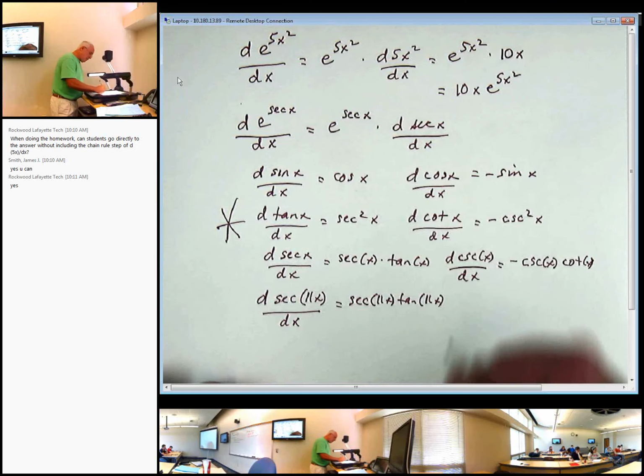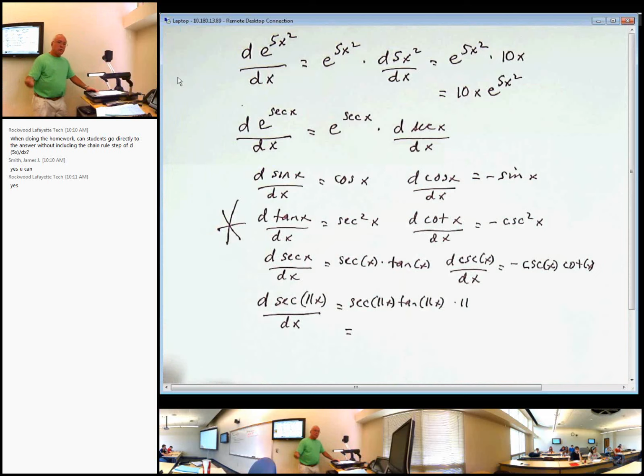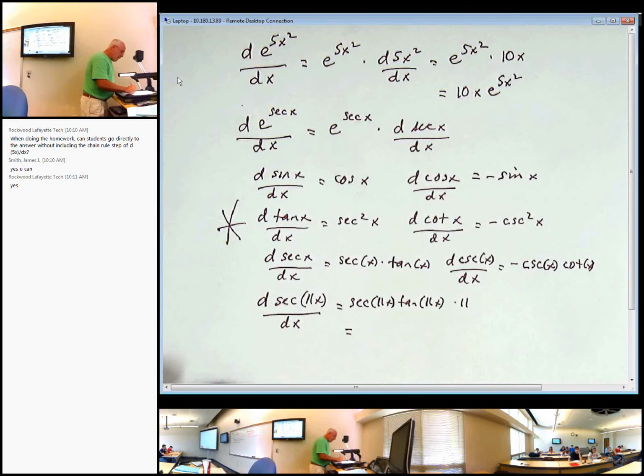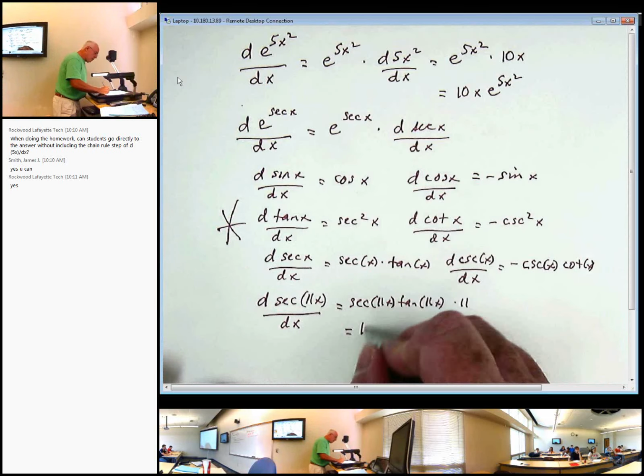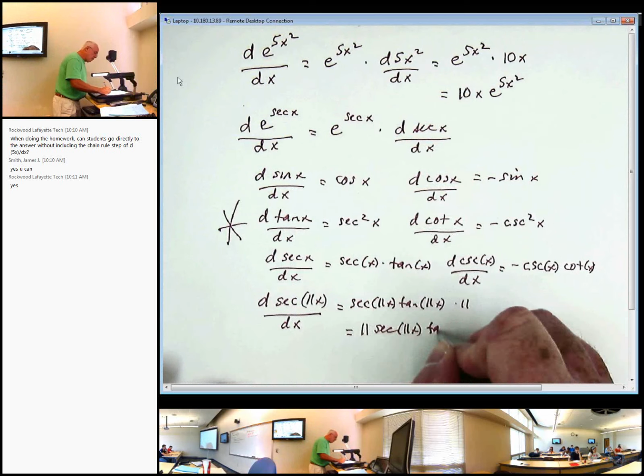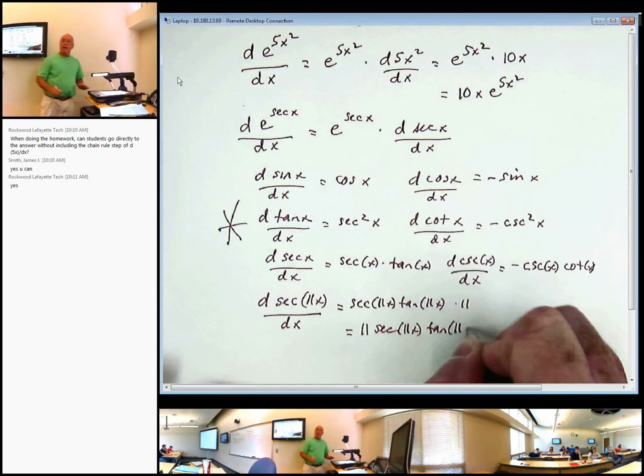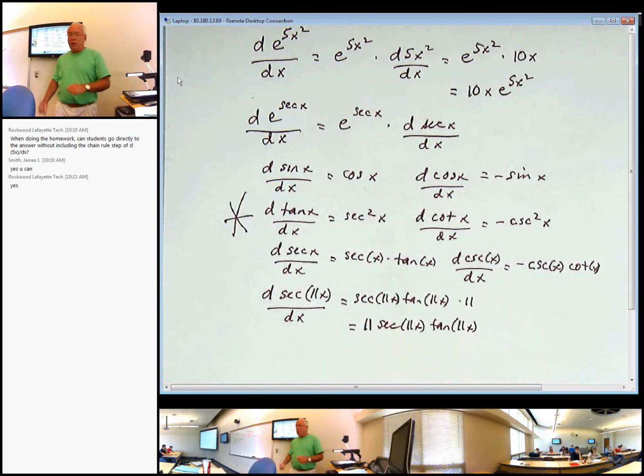I can just write it with the 11 in front and put 11 secant of 11x times the tangent of 11x. And that would be my answer using the chain rule. So chain rule applies with any of these things.